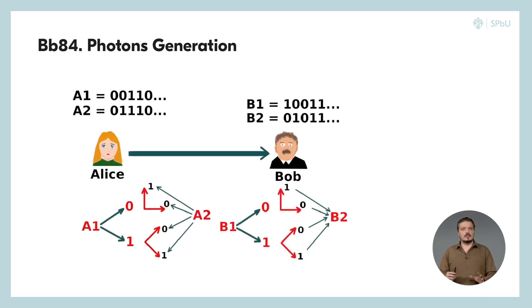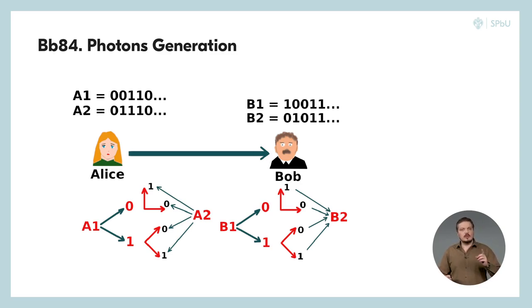When Bob receives a photon from Alice, he does not know its polarization. So he takes 1 bit from his random sequence B1. If the bit is 0, then Bob measures the photon in the 0-1 basis. If the bit is 1, then Bob measures this photon in the Hadamard basis.